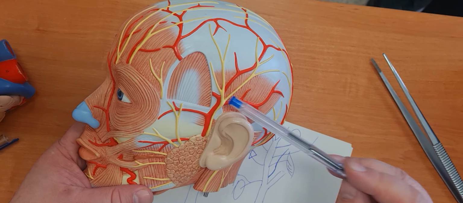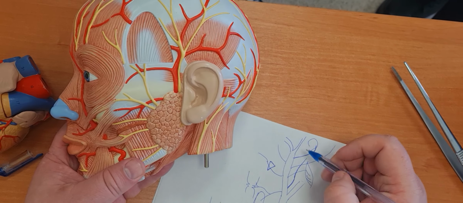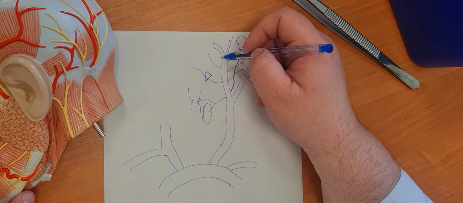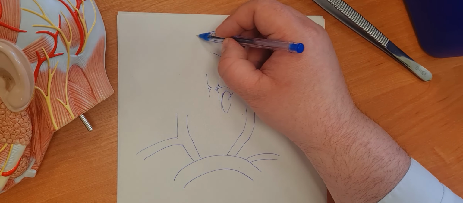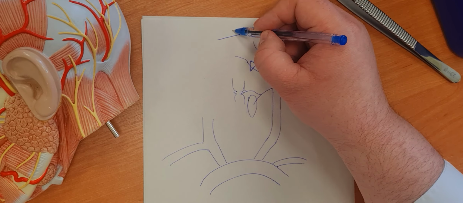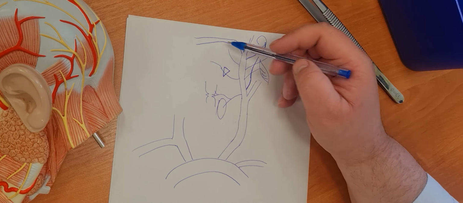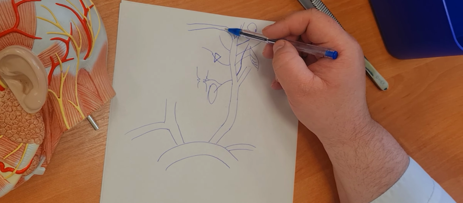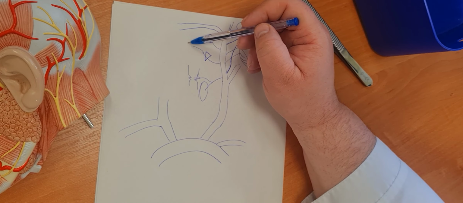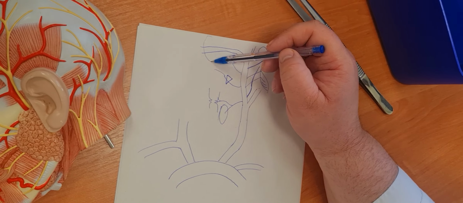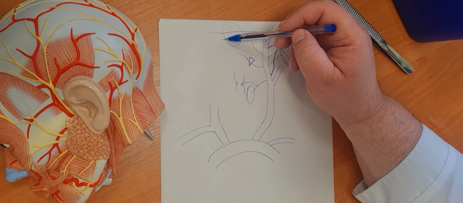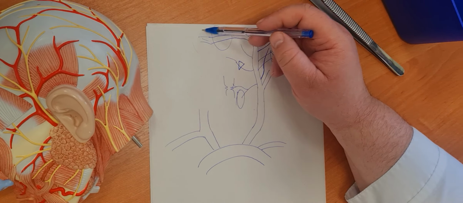Arteria temporalis superficialis. And this branch, that is arteria maxillaris. And arteria maxillaris has three departments. First department behind the neck of the mandible, second department in the fossa infratemporalis, and third in the pterygopalatine fossa.